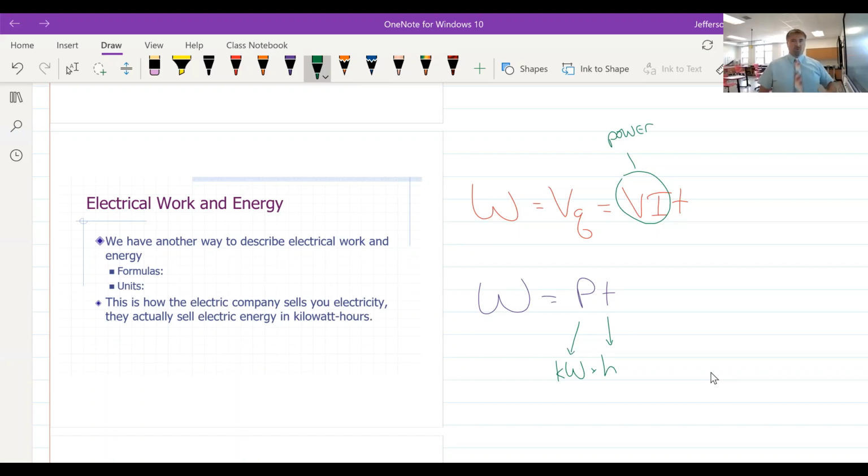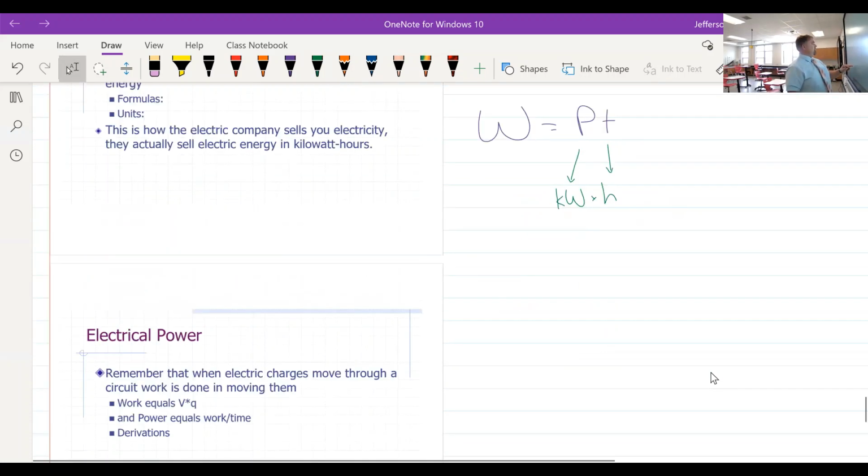It's just another way of describing our electrical energy. We'll talk about this in detail tomorrow, because it turns out that electrical energy is unbelievably cheap. We'll compare that to the power you had when you ran up the stairs back in that lab, compared to how much energy it takes and how much it costs. We'll do some problems with it.